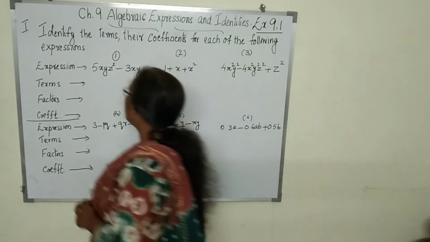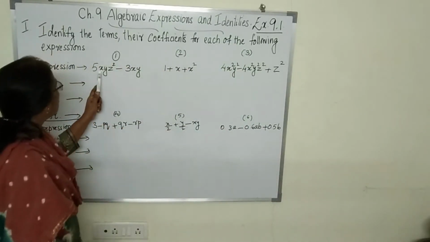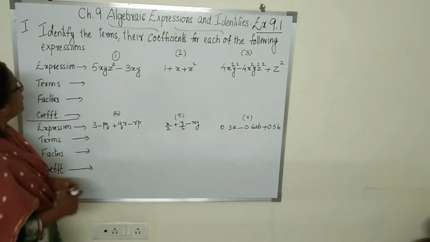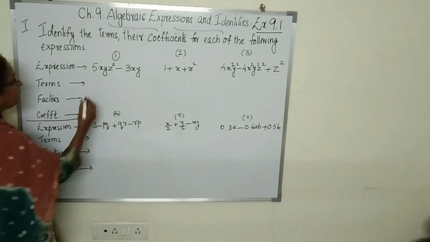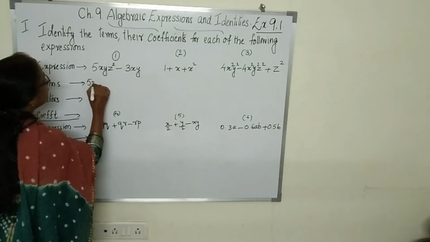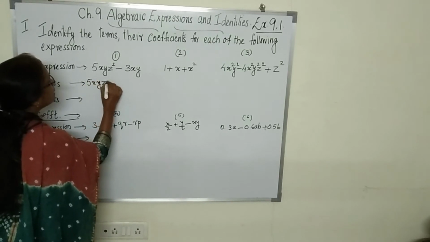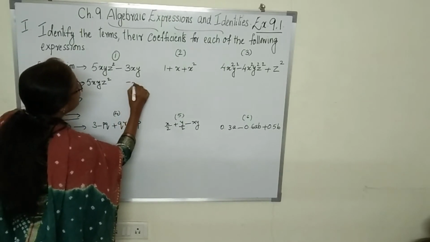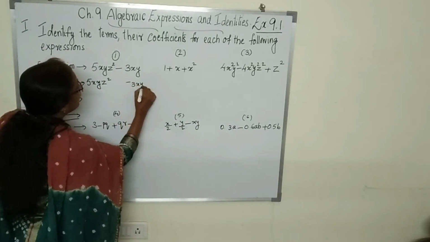So here the first question is 5xyz square minus 3xy. What are the terms here? The terms are 5xyz square, this is the first term, and the next term is minus 3xy.